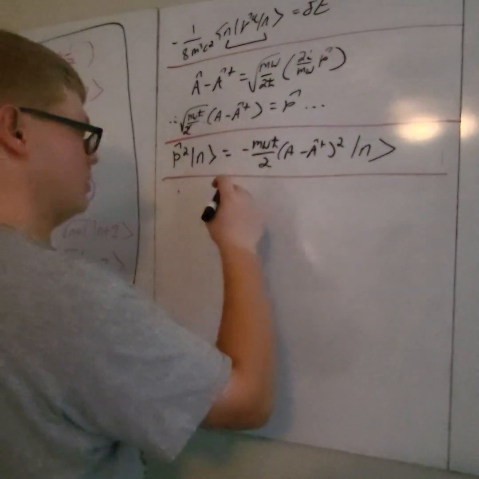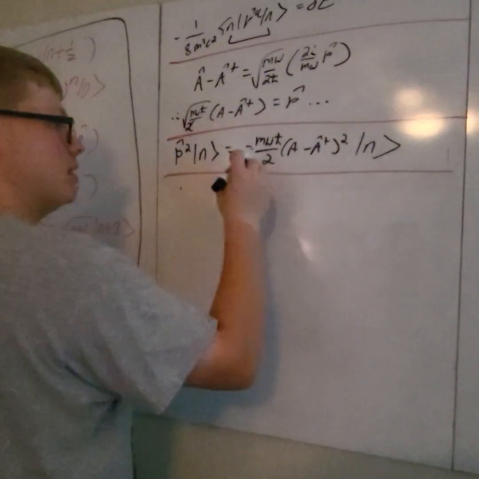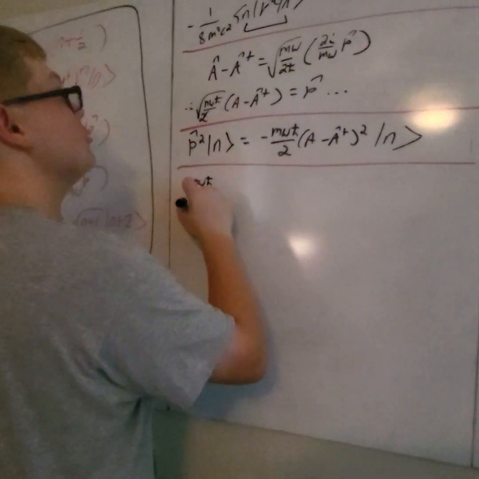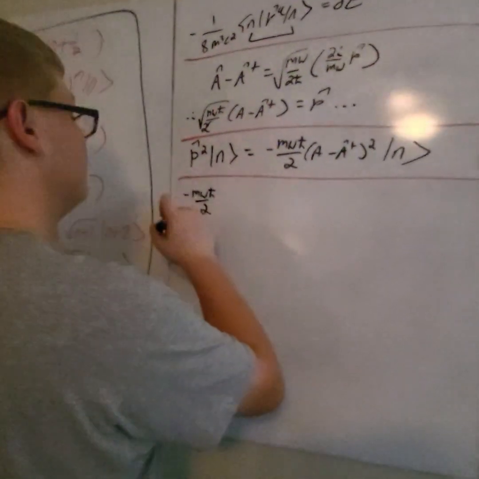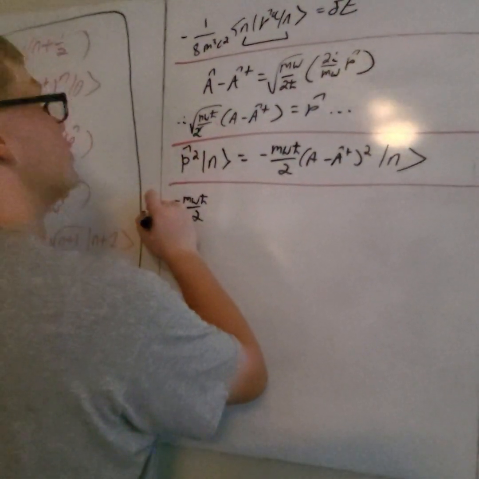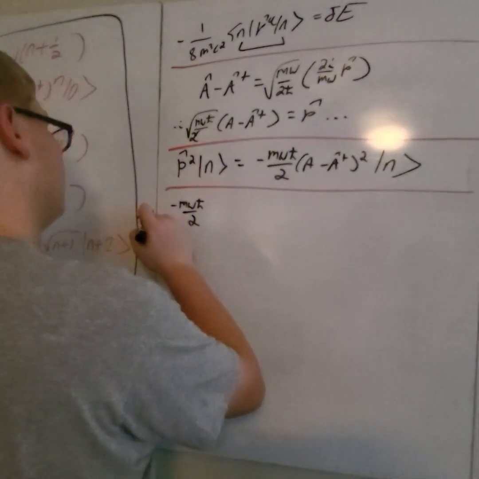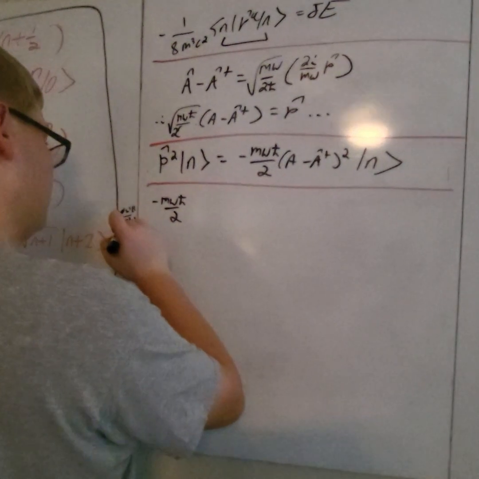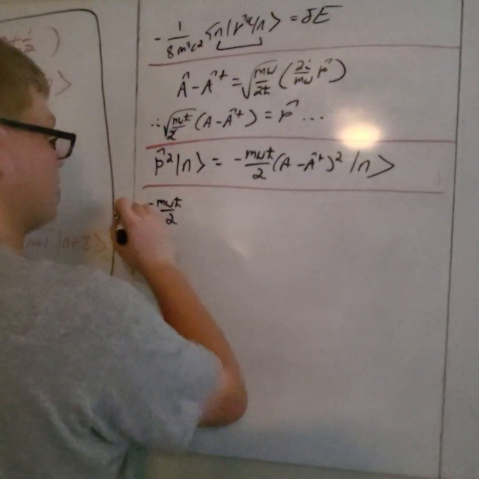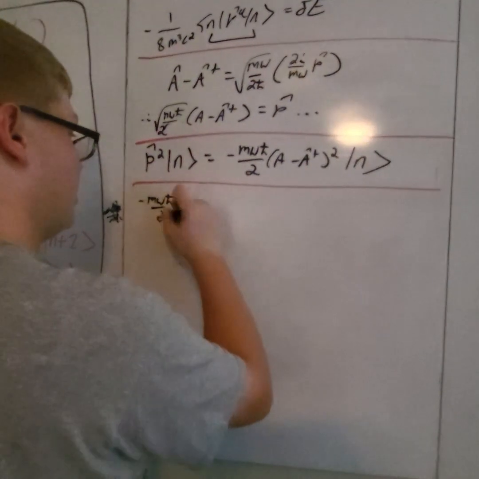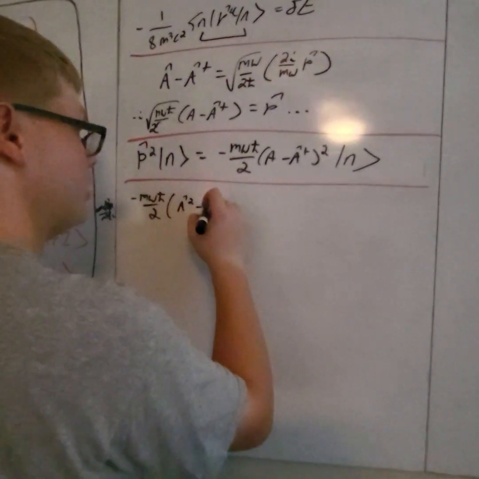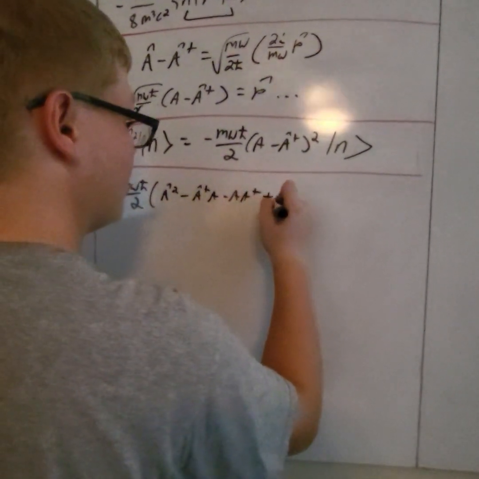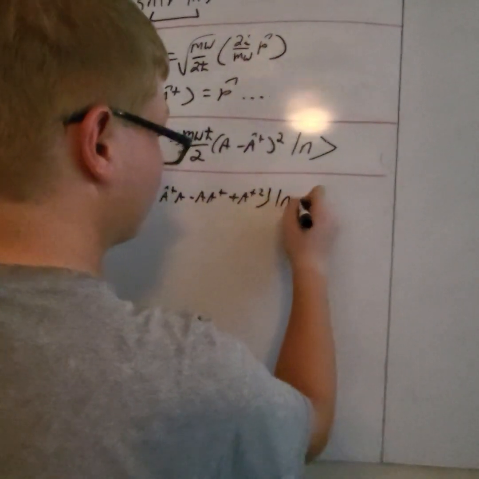Well, let's expand this out. Let me make sure I have the right units in the end: m squared w squared ħ squared over m cubed c squared, ħ is energy times time, yeah, okay, we have the right units. a squared minus a a plus minus a plus a plus a plus squared.